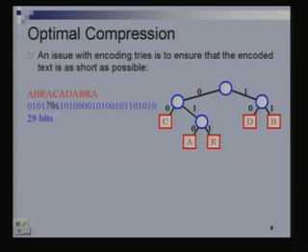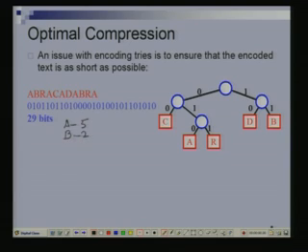How will you compute such a thing? Well, let us quickly do that to make sure that you understand. So, what is the frequency of each character? How many times does A appear? 5. 1, 2, 3, 4, 5. B? Twice. C? Once. D? Once. R? Twice. How many bits am I using for A? 3.